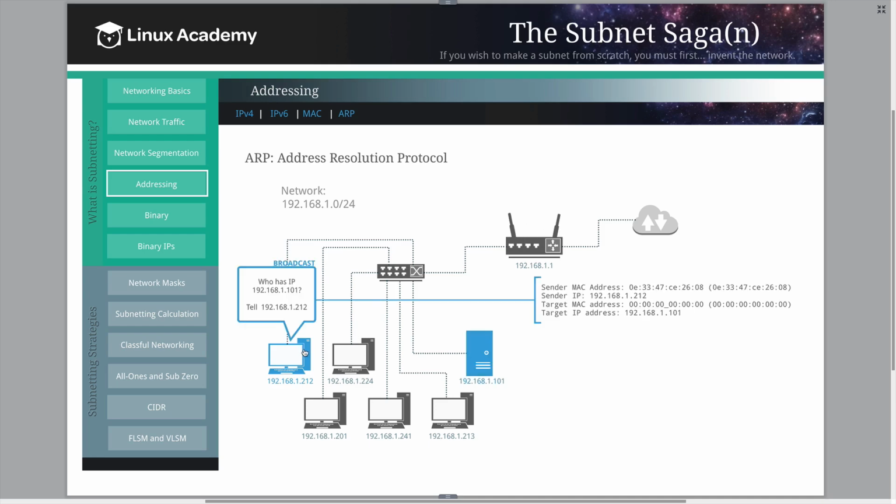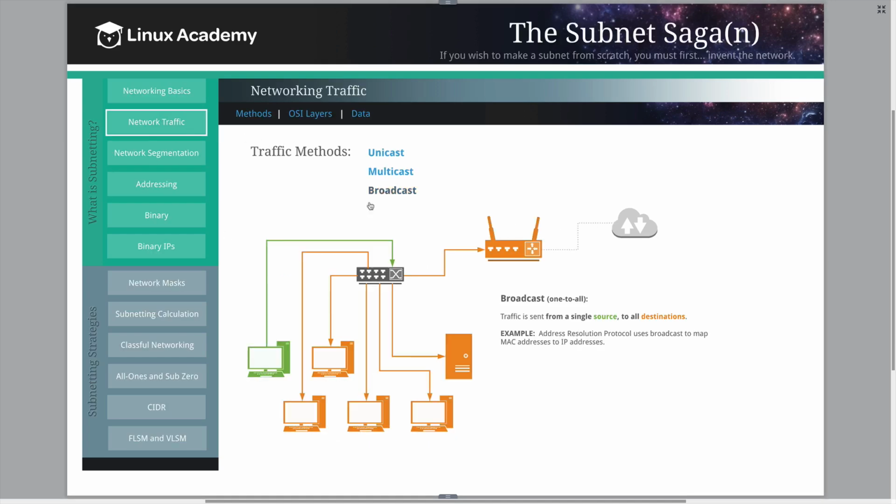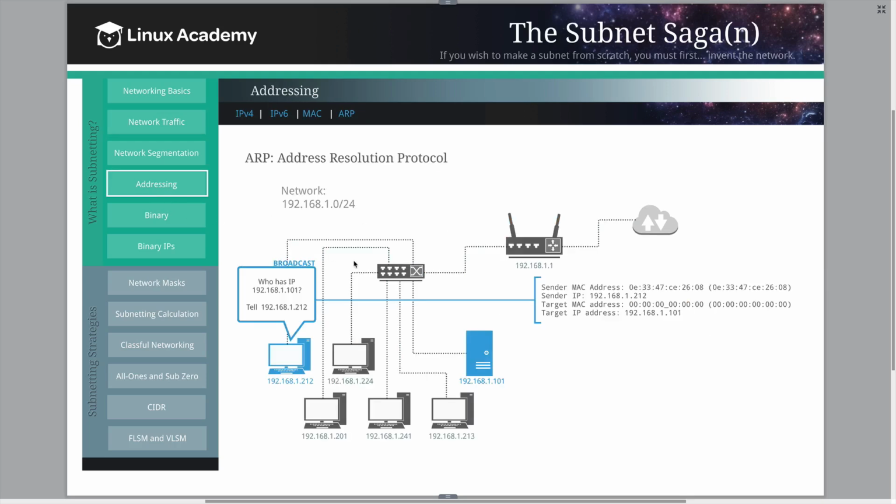It sends a broadcast request. And if you remember, a broadcast request goes to everything on the LAN. So it's going to send this broadcast request, and it's going to say, hey, who has 192.168.1.101? Tell me 192.168.1.212.